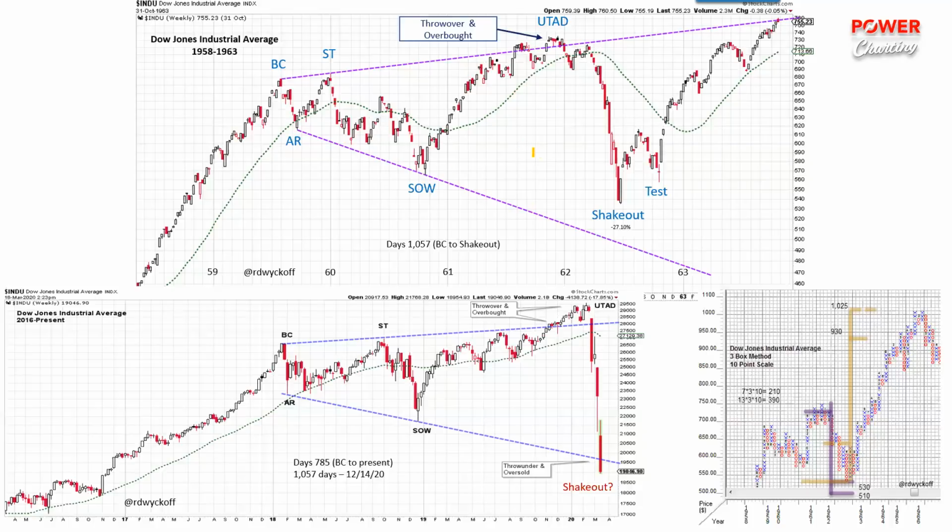At the sign of weakness low here, after undercutting the automatic reaction, there's a very, very good rally that takes over a year to form, and this rally goes into a throw over and an overbought condition with two surges here and here.